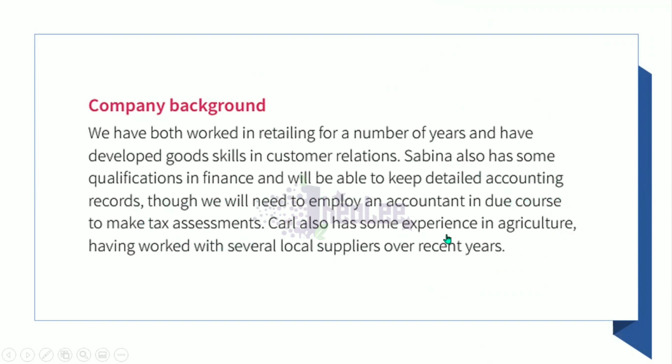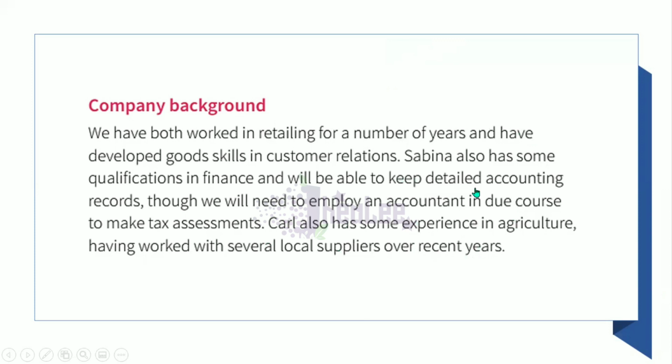Carl also has some experience in agriculture, having worked in several local suppliers over recent years. So you're basically seeing the skills, the qualifications, and the experience of those personnel.